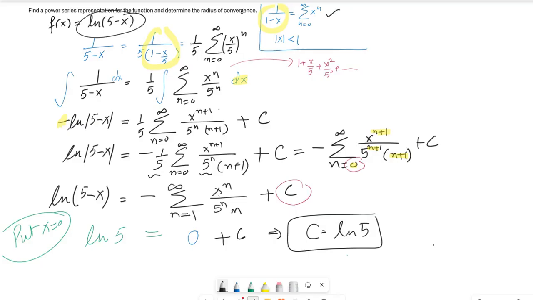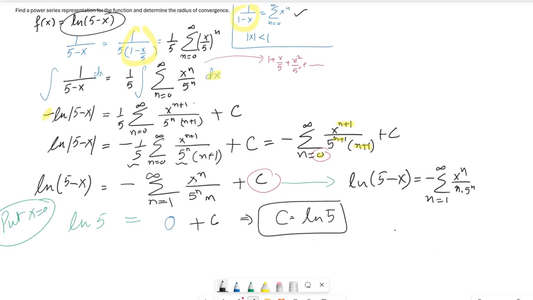So that means our final answer can be written as, from here we can say, the goal was to write the power series representation of this: negative sum n from 1 to infinity x to the power n divided by n times 5 to the power n, plus natural log of 5.